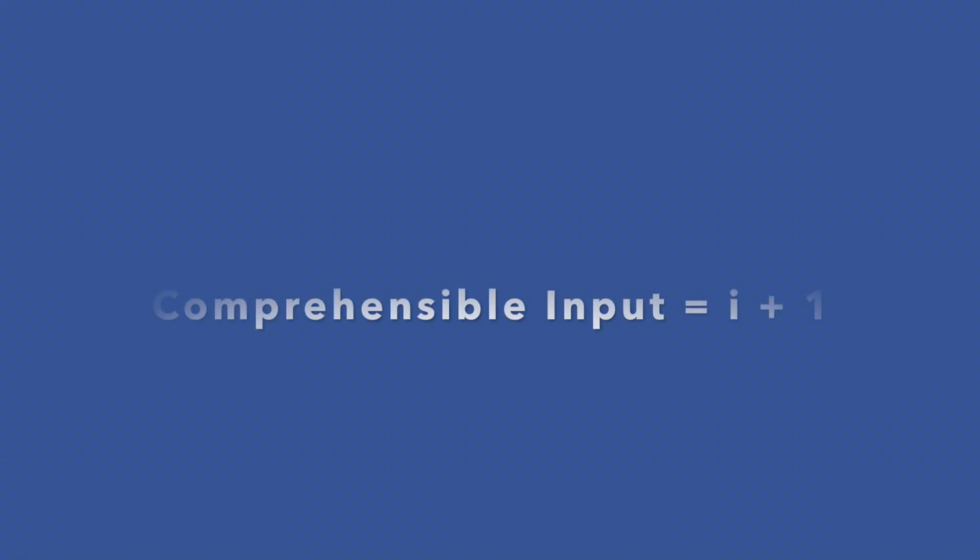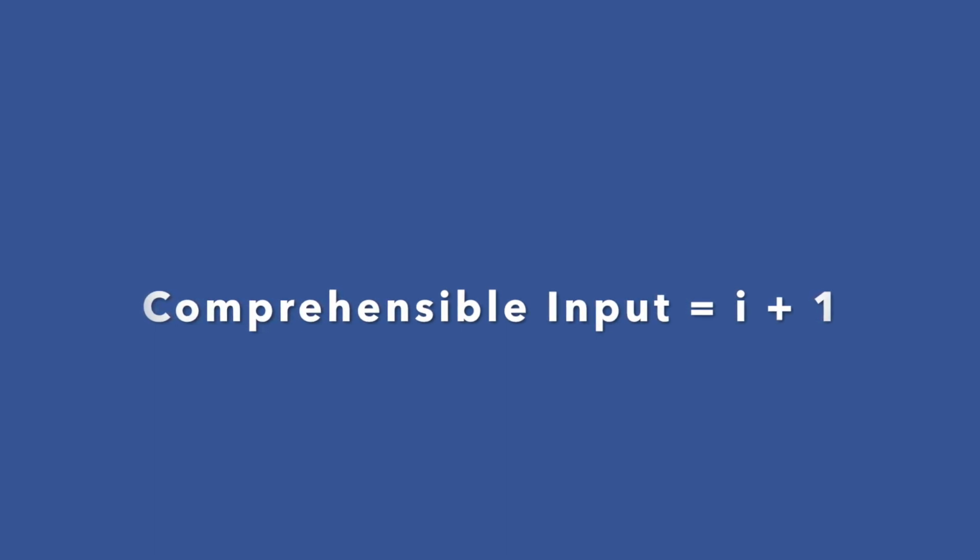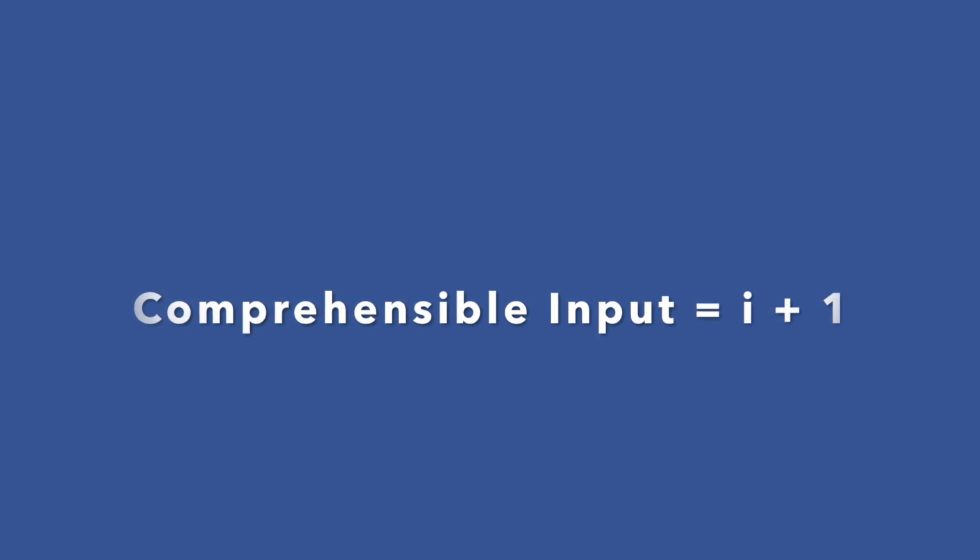Krashen uses a specific formula, which is I plus 1. I stands for input, plus 1 means the next level of difficulty. So comprehensible input is that input which is slightly beyond our current level of understanding, not very far away from our current level of understanding.